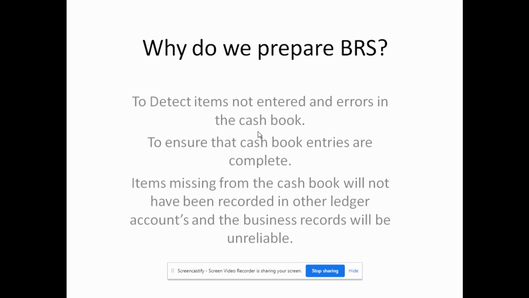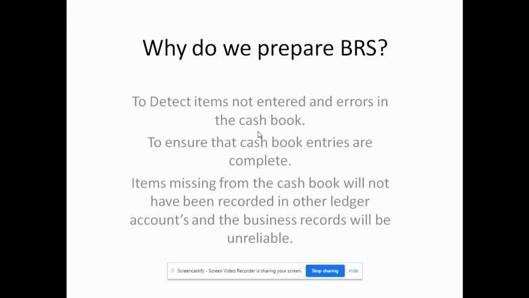So all the cash entries, sometimes the cash entries also can be missed by us. So the cash entry and the other entry, the complete entry can be missed. So we can identify the cash book entries through BRS only.